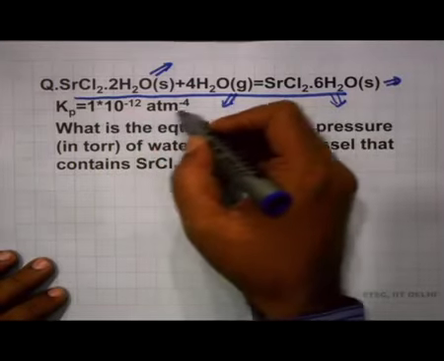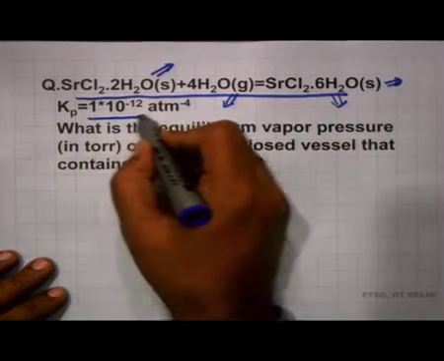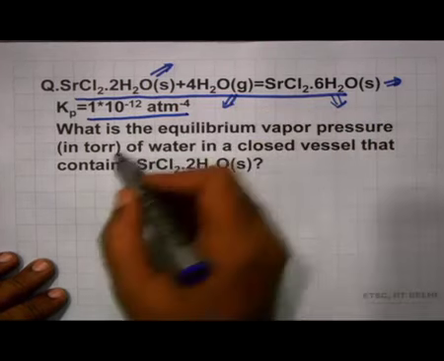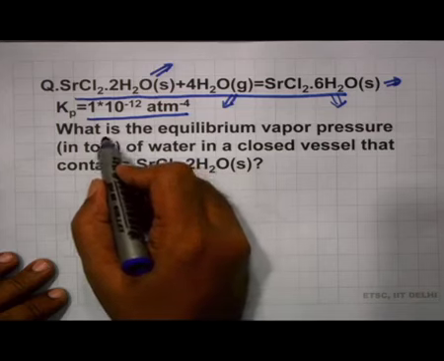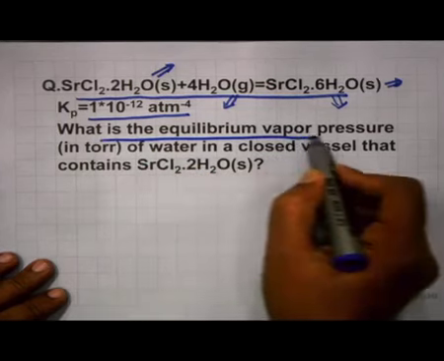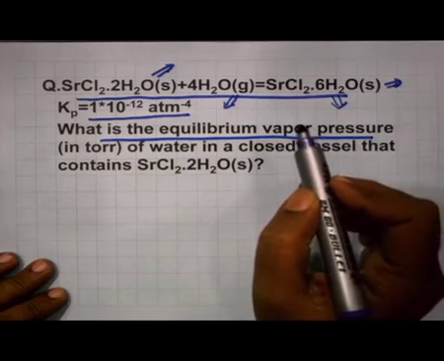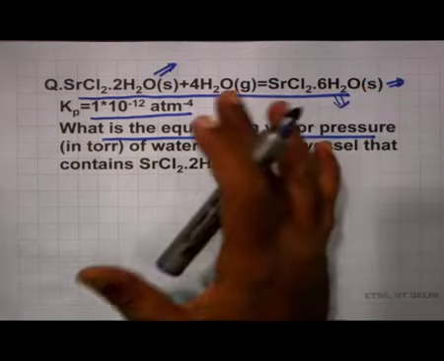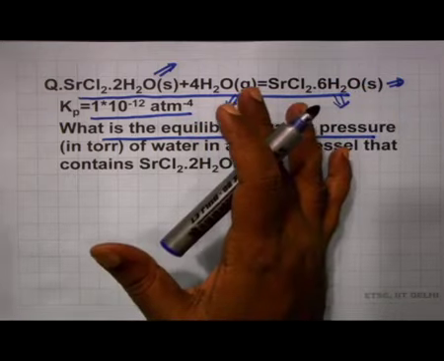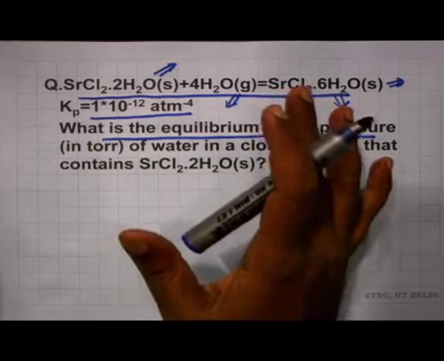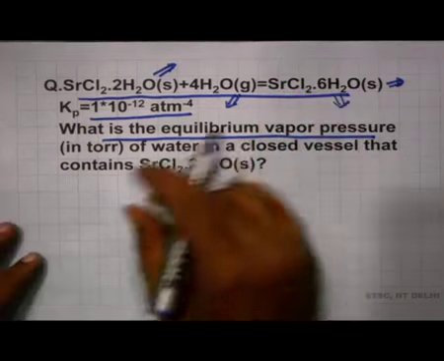and for that Kp is given as 1 into 10 to the power minus 12 atmosphere to the power minus 4. And then what you need to do is calculate the equilibrium vapor pressure. So, you see this is the second type of question in which Kp, the equilibrium constant, is given, and now you have to calculate the equilibrium pressure.